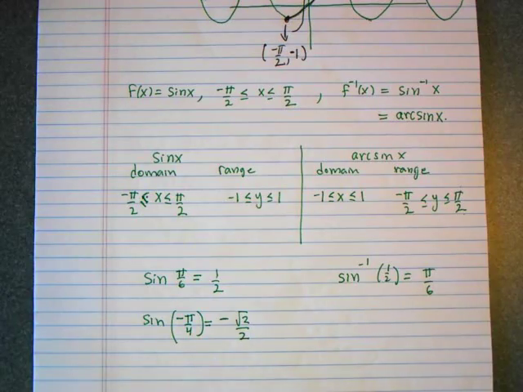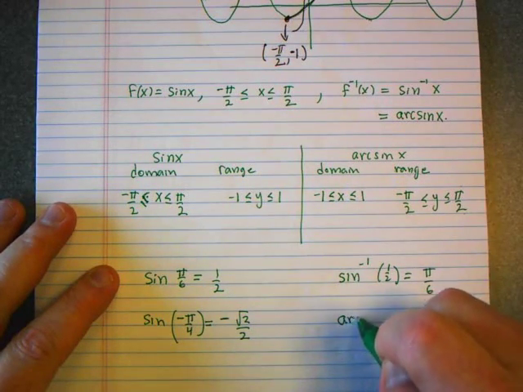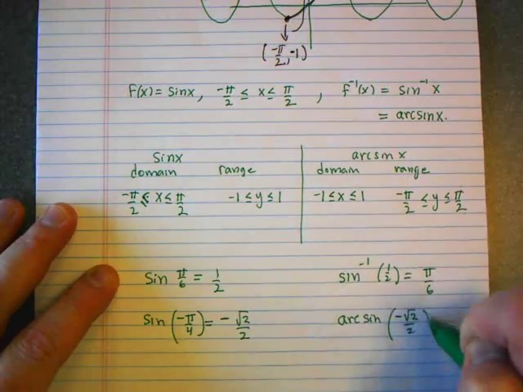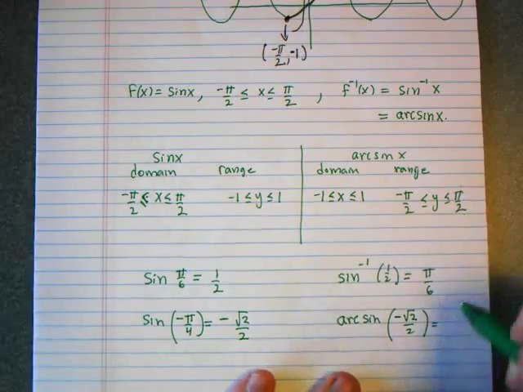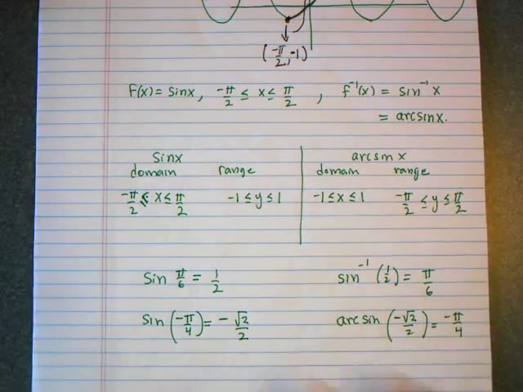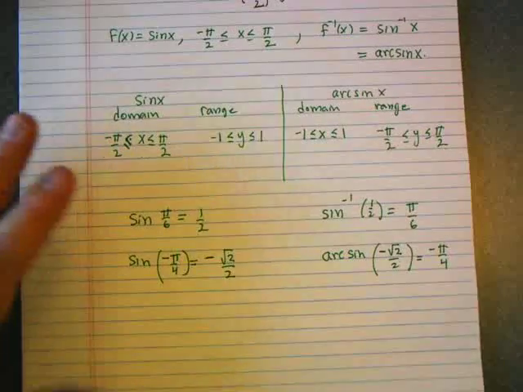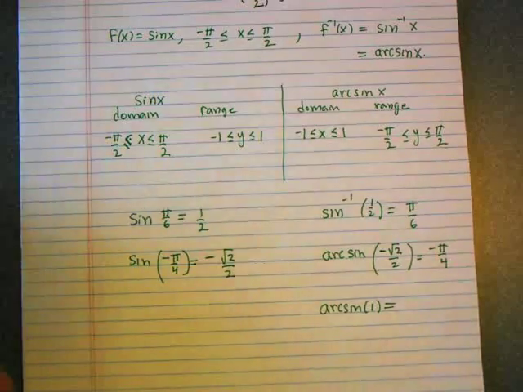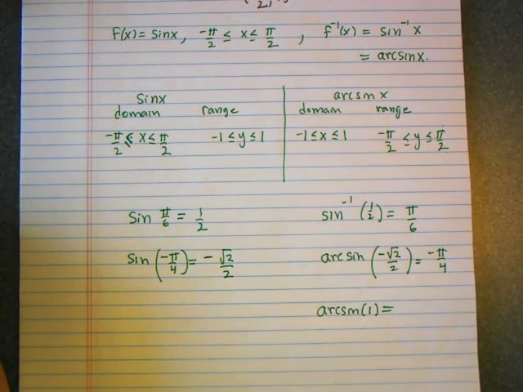So today I would ask you, what's the arc sine of negative square root of 2 over 2? Negative pi over 4. Very good. What's the arc sine of 1? Pi over 2 or 0?